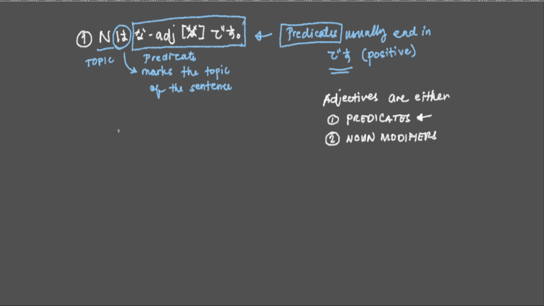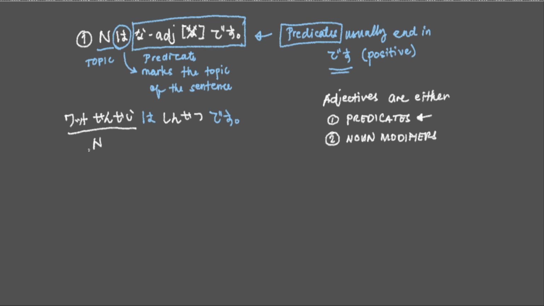Noun wa na adjective desu. For example, we have there, Watto sensei wa shinsetsu desu. Now, Watto sensei, let me mark the marker here. Wa, okay? Shinsetsu desu. So this here is the noun.